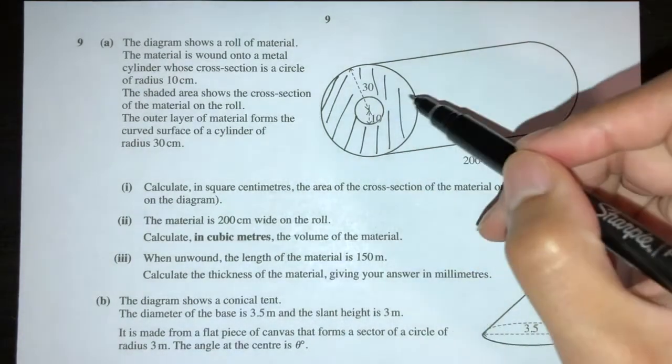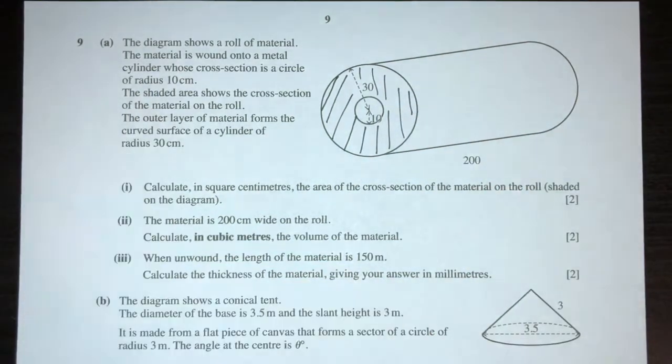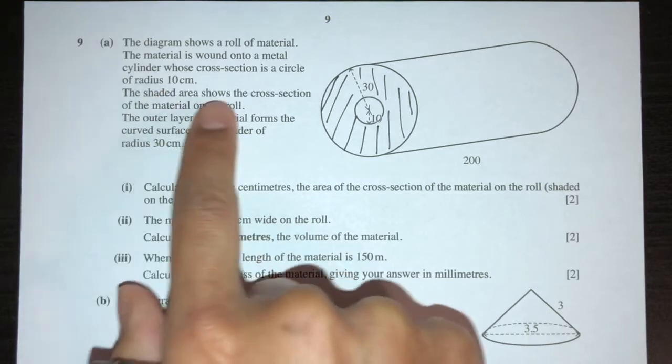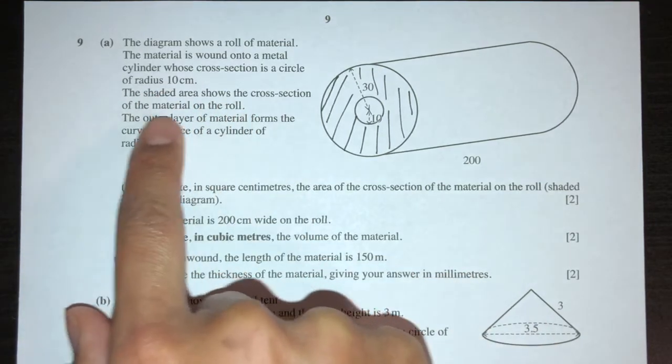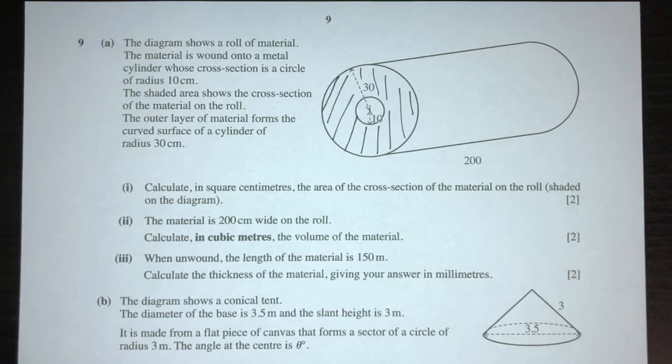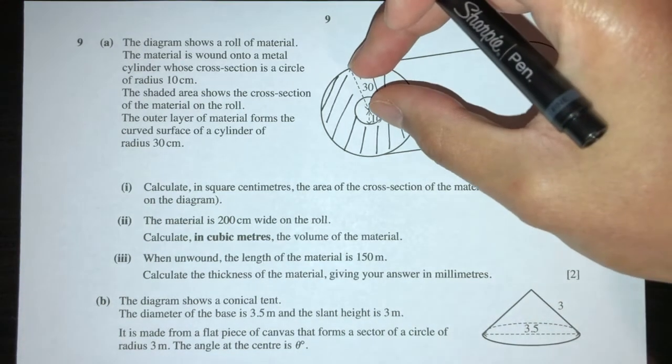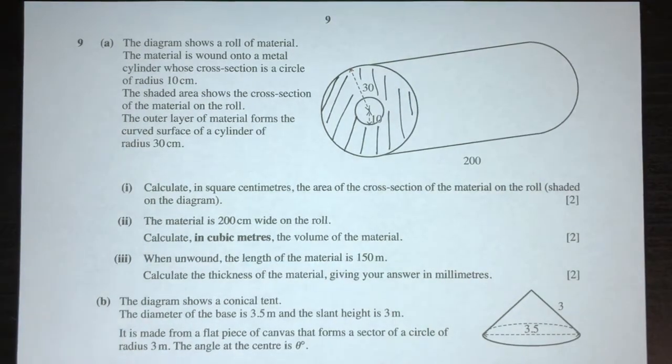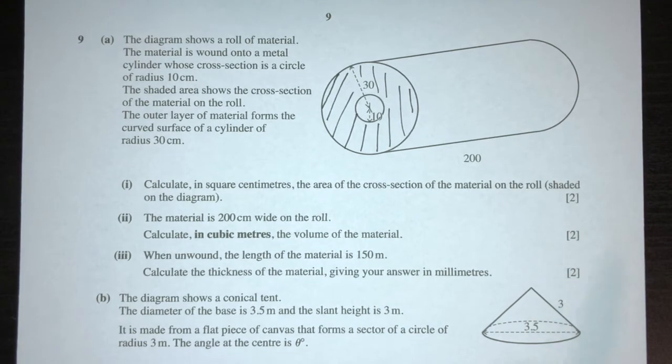Okay, now this is the information. Now the area that has been shaded shows the cross-section of the material on the roll. Okay, the outer layer of the material forms the curved surface of a cylinder of radius 30. So this layer here is a circle of radius 30. Now part 1, calculate in square centimeters.